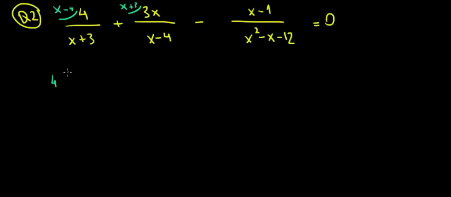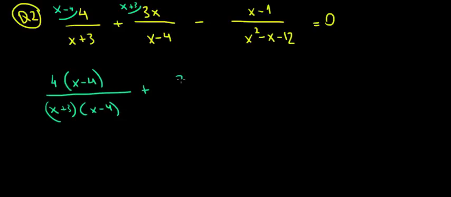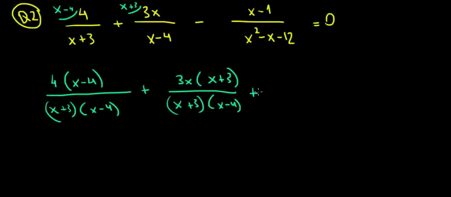So we would have 4 times x minus 4 divided by x plus 3 times x minus 4, plus 3x times x plus 3 over x plus 3 times x minus 4, and then minus x minus 1 divided by x squared minus x minus 12 equals 0.